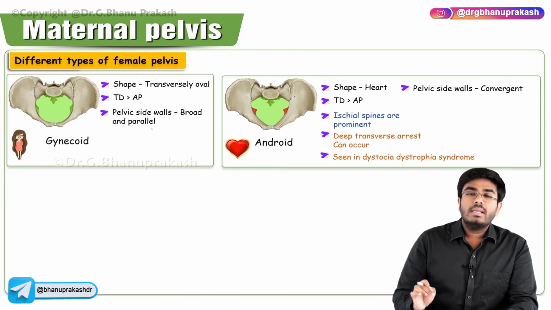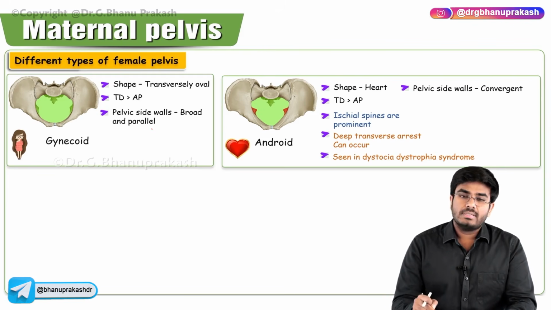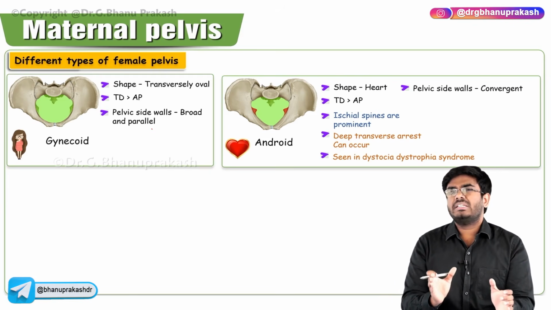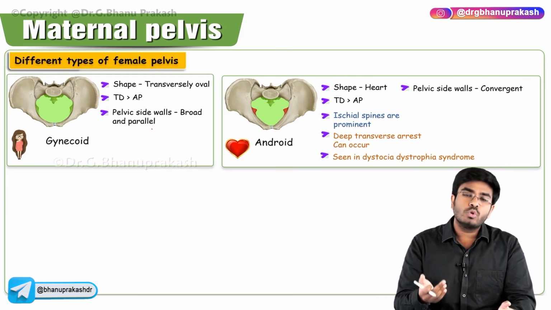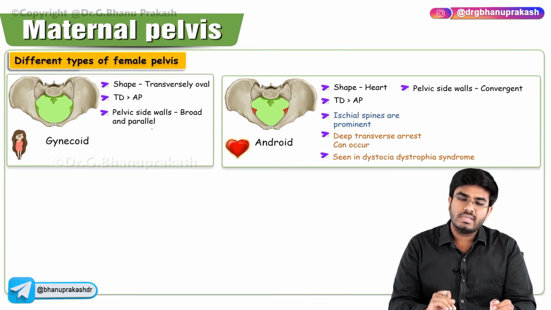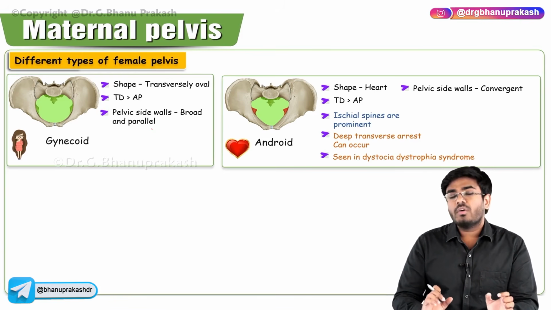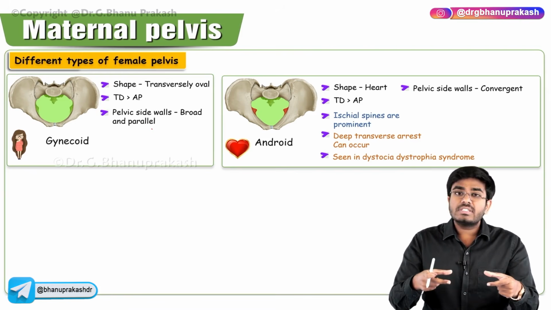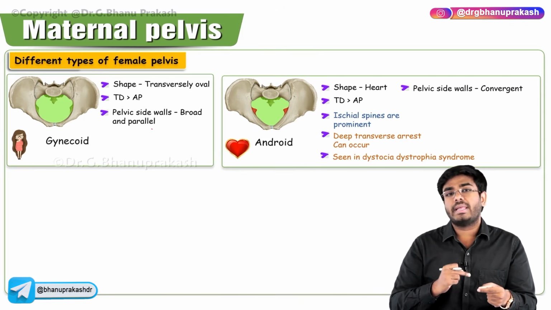Now after this, let's talk about anthropoid pelvis. Anthropoid means ape-like pelvis, which means something a little different from usual. This is an unusual pelvis. So far, in both android pelvis and gynecoid pelvis, the transverse diameters at inlet are greater than anteroposterior diameters.